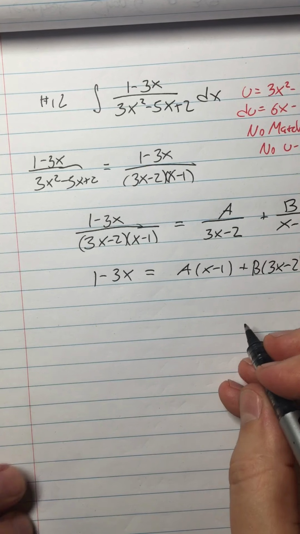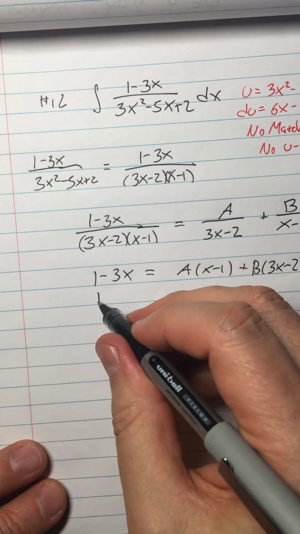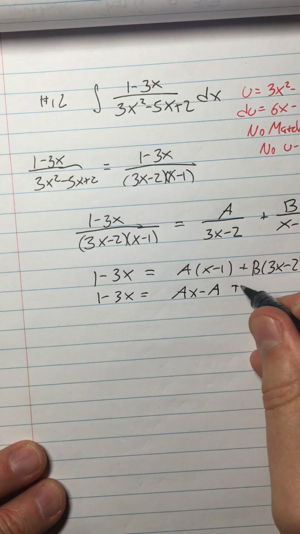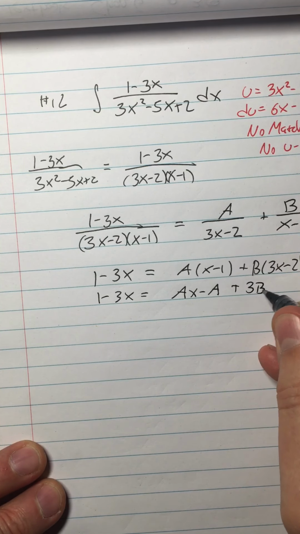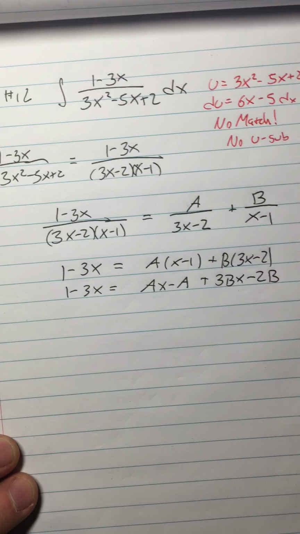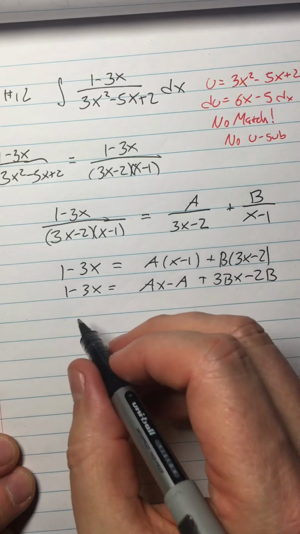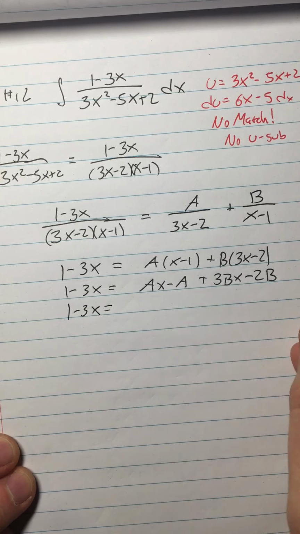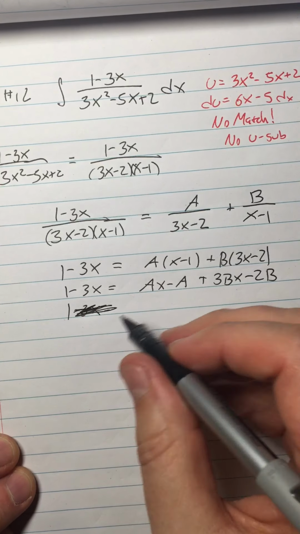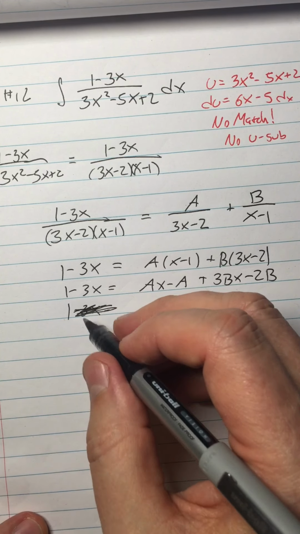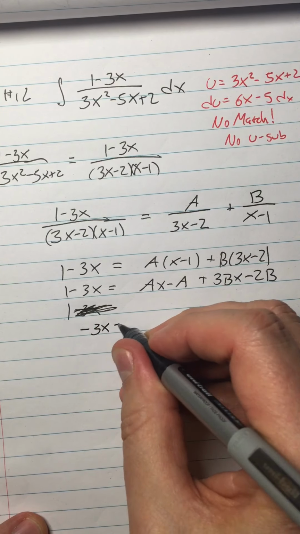Now I just distribute out the A and the B. The nice thing about this, even though it's a little bit obnoxious, is that it goes the same way every time. 3Bx minus 2B. I've already made 2B jokes, so I'm not going to make any more Shakespeare jokes about that. I'm just going to equate the x parts, watching that you keep your sign together, which when I worked this out ahead of time, I did not.